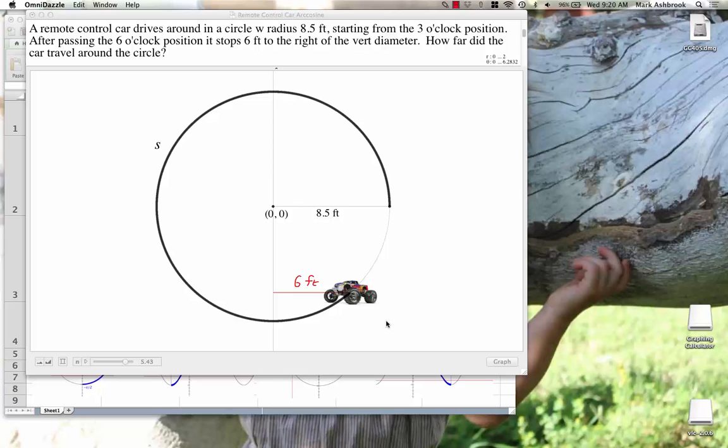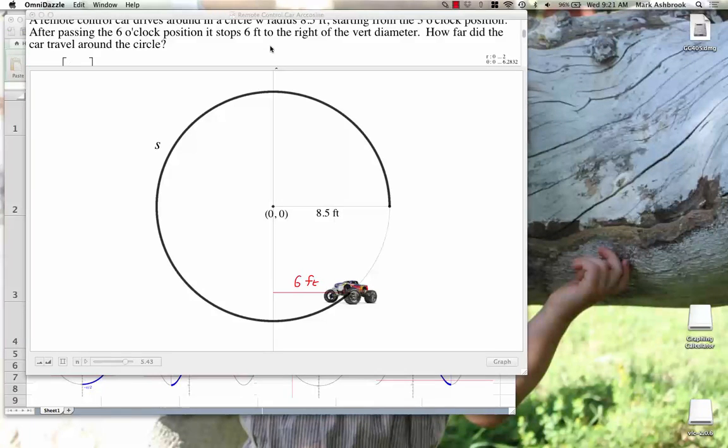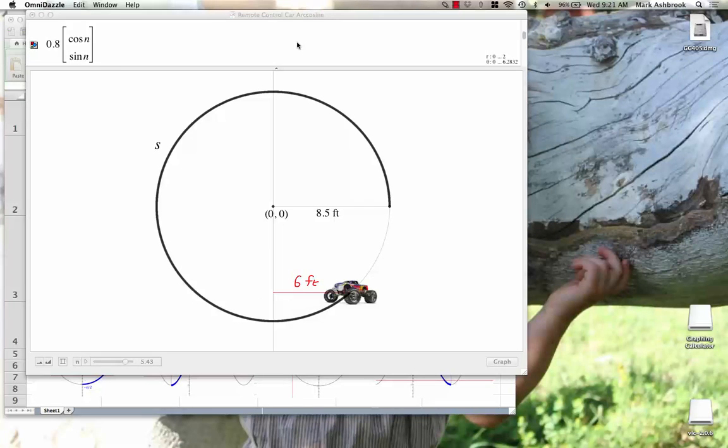So in order to get how far the car traveled, what do we really need? What's this really about? Getting what? Okay, arc length. And where is that arc length going to come from? So back earlier in the module, we can get arc length very quickly if we knew what about the truck?